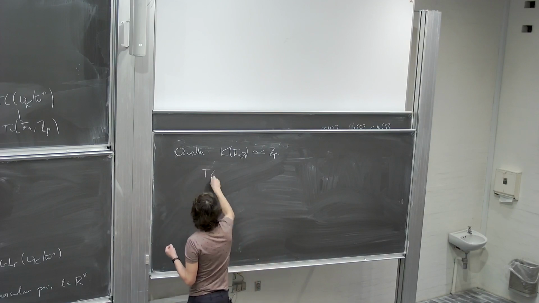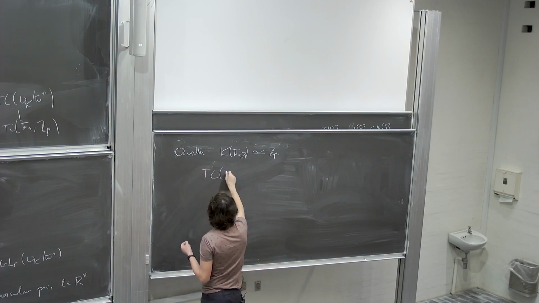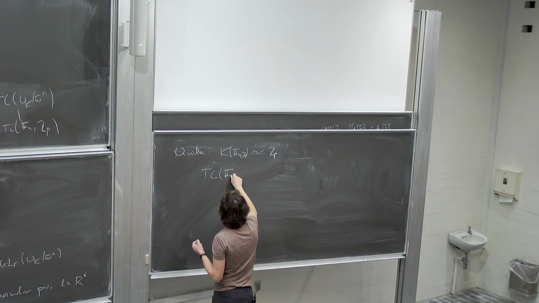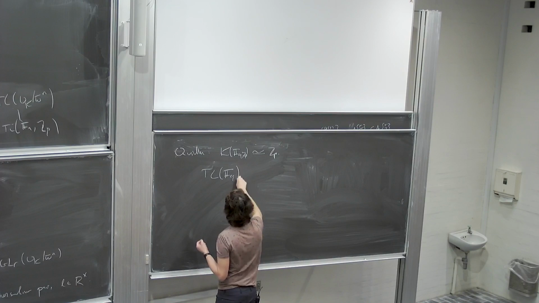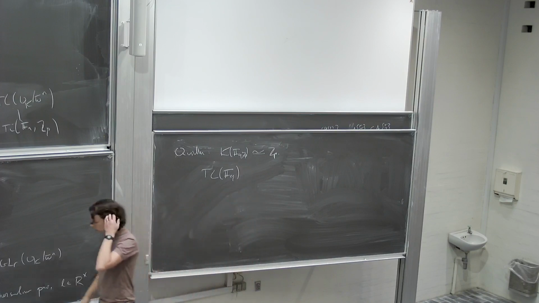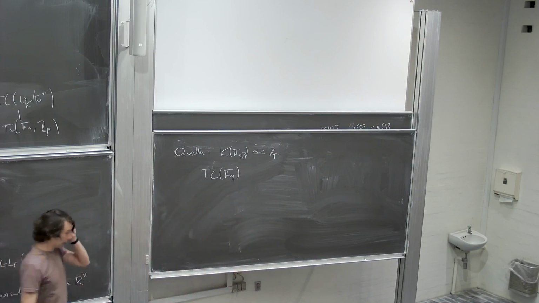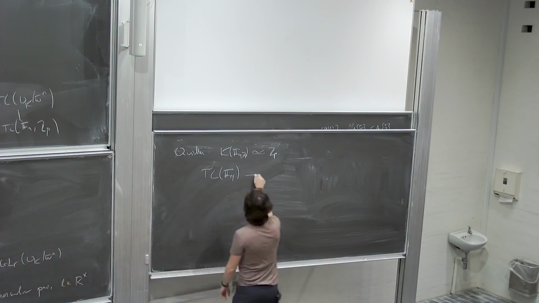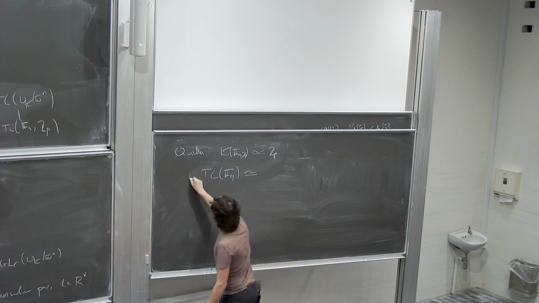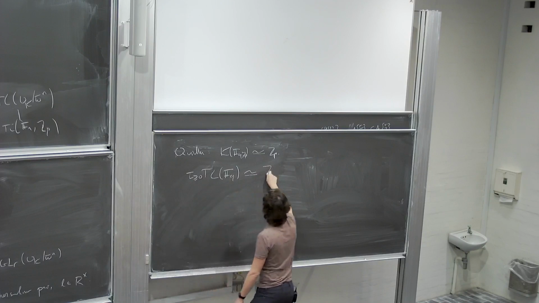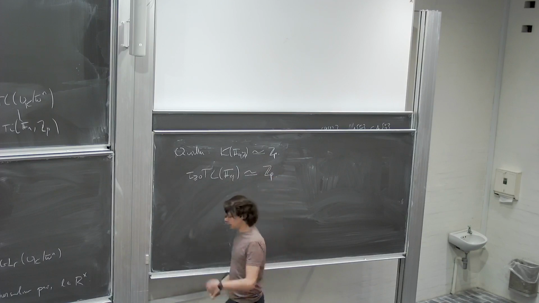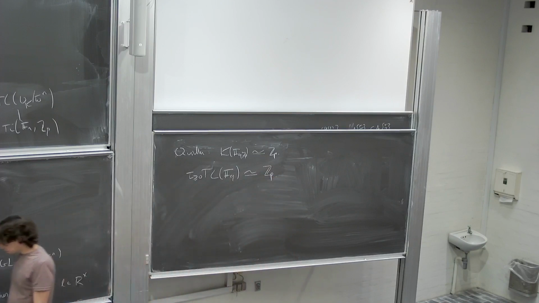And TC of F_q, we don't really need to say with Z_p coefficients, is computed by Hesselholt and Madsen, and the connective cover of this is also Z_p. There are no higher homotopy groups.